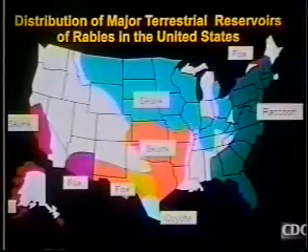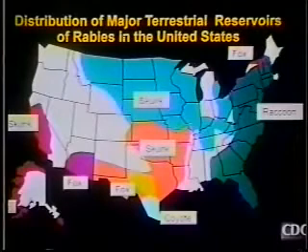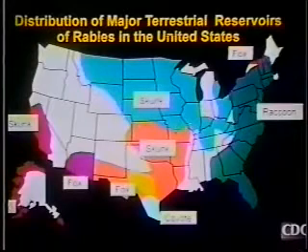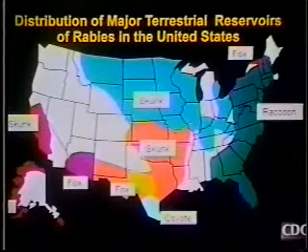This slide shows the presence of these respective monoclonal-identified viruses in parts of the United States, and you'll note that in the eastern part of the United States, the principal type is one of raccoons, while in the Midwest, skunk rabies is much more common.